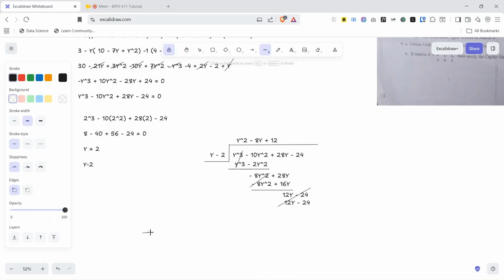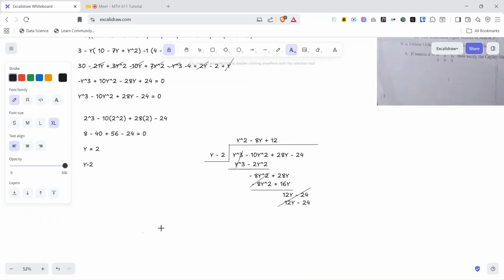Now we have this quadratic equation. We will solve it to get the other lambda values. What we are solving is lambda squared minus 8 lambda plus 12. To solve this, we are looking for 6 and 2, so minus 6 and minus 2.